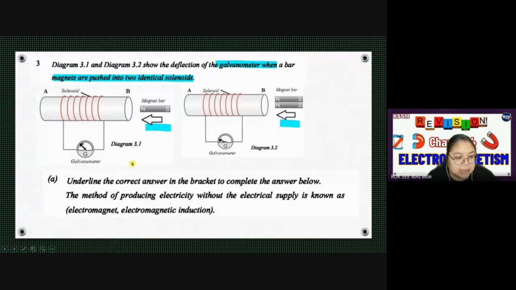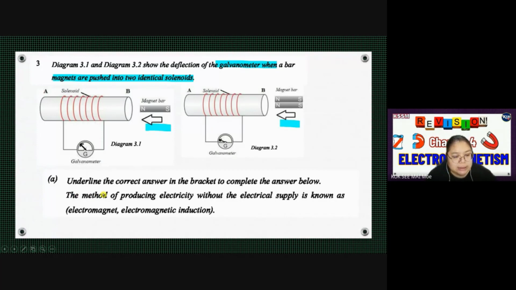The 0 is at the center, then it deflects. In 3.1, it deflected with a small angle. In 3.2, the angle is bigger. Then we look at what other differences there are. The magnet. This one uses 2 bar magnets moving in, this one only 1 bar. I find there are 2 differences. Now we go to answer.